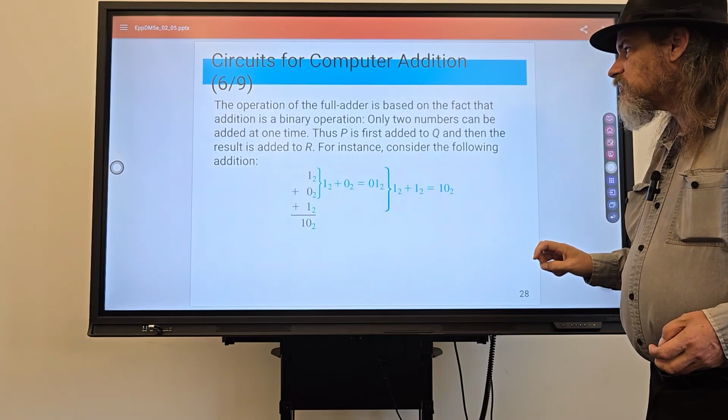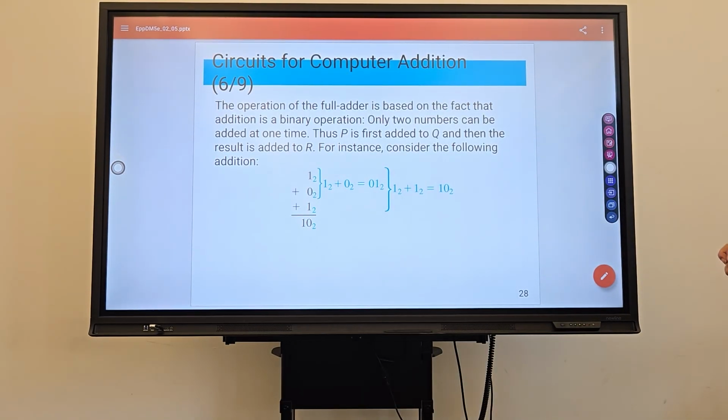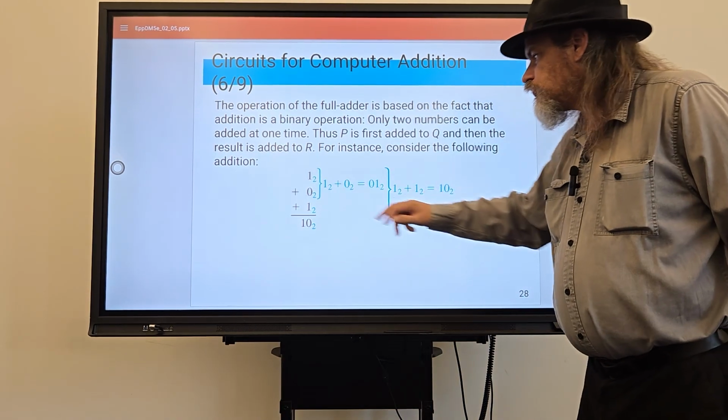But the operation of the full adder is based on the fact that addition is a binary operation. Only 2 numbers can be added at one time. Thus, P is first added to Q, and then the result is added to R in this example.